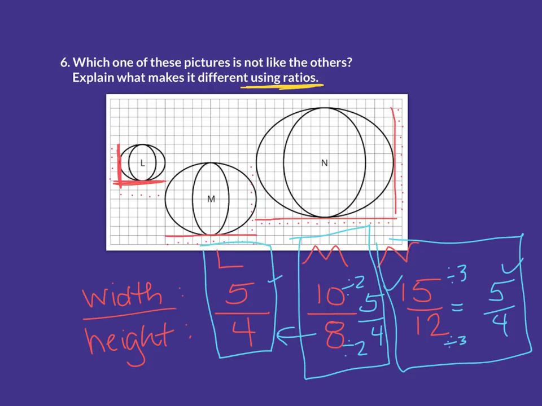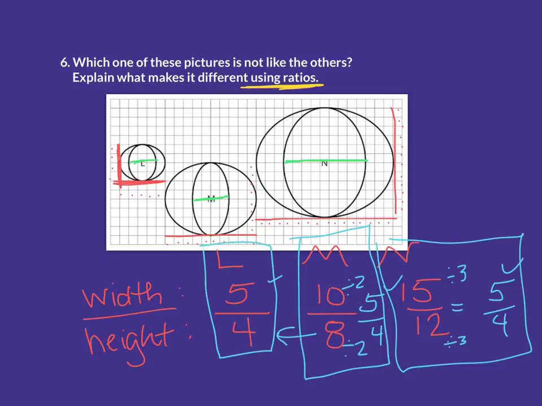Well, what we were comparing was the entire shape, where if we look at this, we probably notice that the interior width is what looks different. So let's now go back and compare that width to the height.